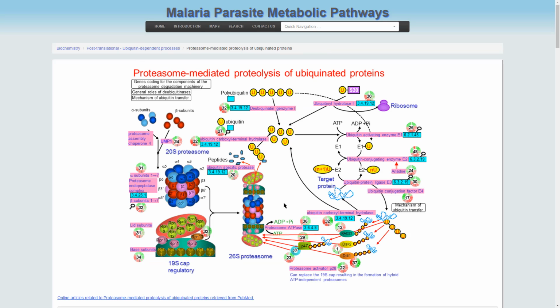Probably the best known ubiquitin-related process in cells is the proteolysis of ubiquitinated protein by the proteasome system.